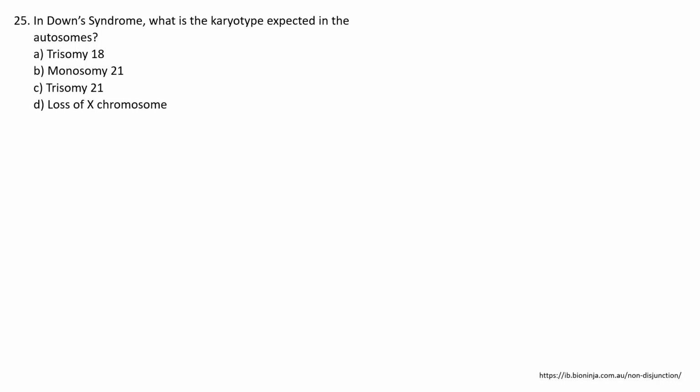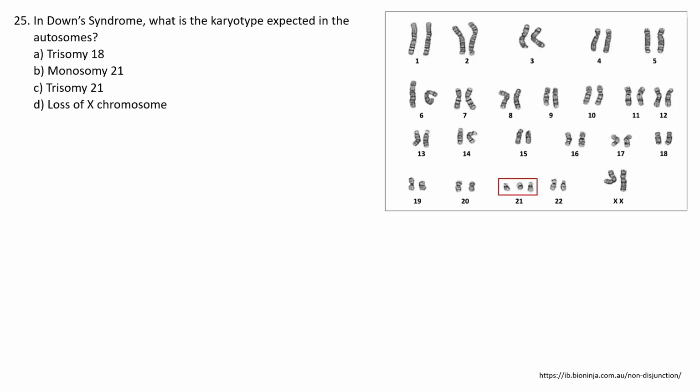So the answer actually is C. It's a trisomy of 21. I hope this is useful. I got this from this website where it's showing the full complement of chromosomes, a karyotype of a person. This person is a female because they have two X chromosomes.